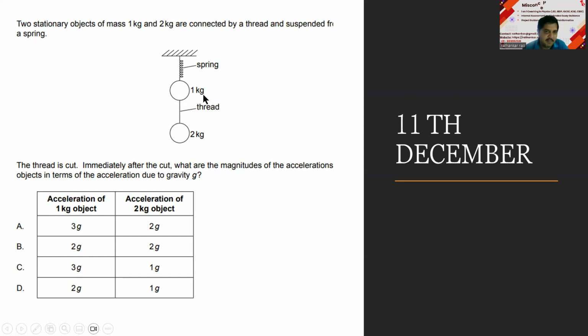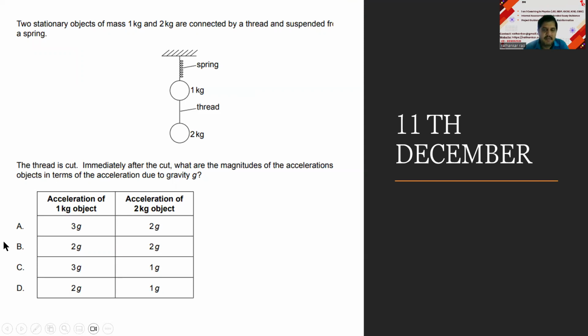Initially the setup is shown here, 1 kg and 2 kg. The moment you cut the thread, what will happen to the 2 kg? The 2 kg object will fall down. What will happen to the 1 kg? The 1 kg object will spring upwards, right? Based on this, apply free body diagrams for both of them and try to get the values of the acceleration for these objects. Think carefully.